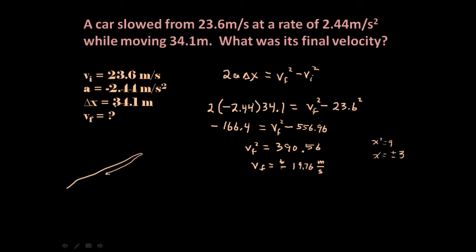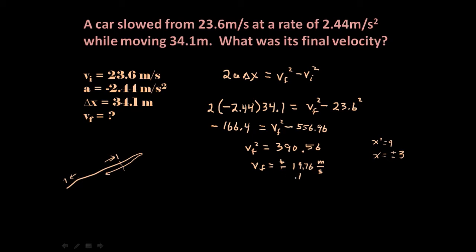After a certain distance, let's say 34.1 meters, it goes from here, say, to here. That's the distance right there. At this point, it could be either still going uphill at 19.76 meters per second, or it might be going downhill at 19.76 meters per second. Since we don't know how much time it took, we actually don't know which one it is.